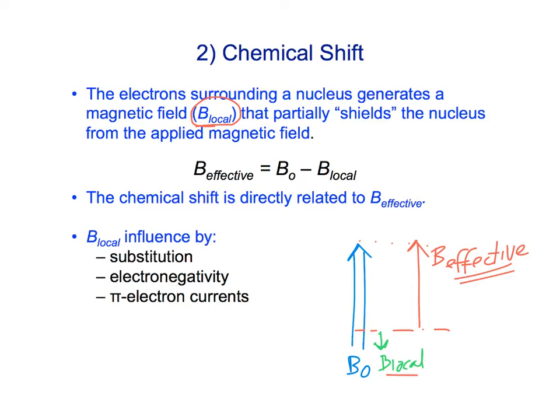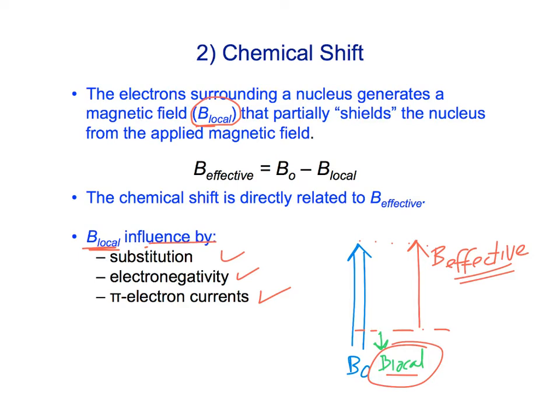Okay, and this is what the nucleus would actually experience, and so this is the magnetic field that would control the frequency. Okay, so it turns out that the B local value, this one over here, can be influenced by the amount of substitution around an atom, so whether it's primary, secondary, or tertiary, the electronegativity of different groups nearby, and the different pi electron systems that are close by as well. Okay?